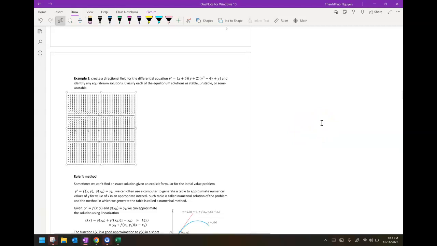Okay, there is actually a typo in this equation. It should say minus 4y plus 4.